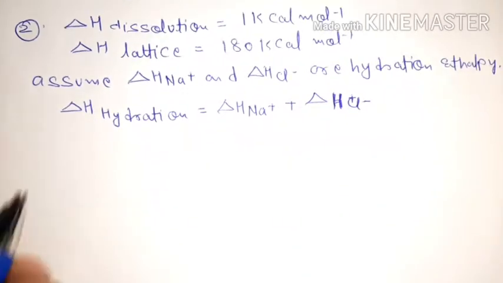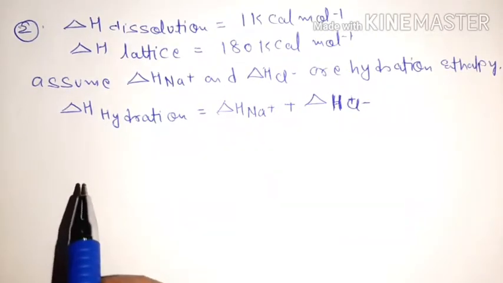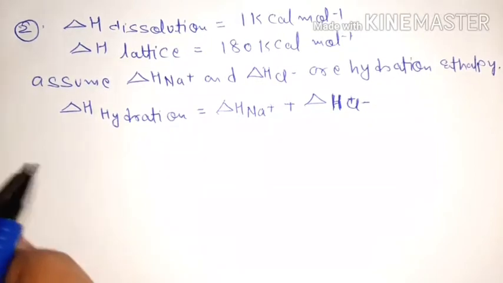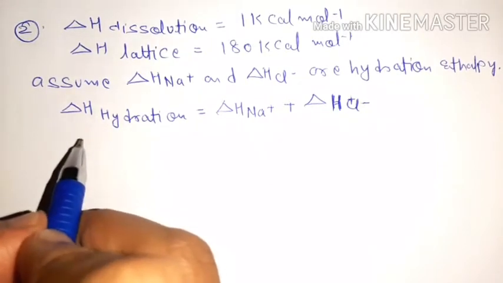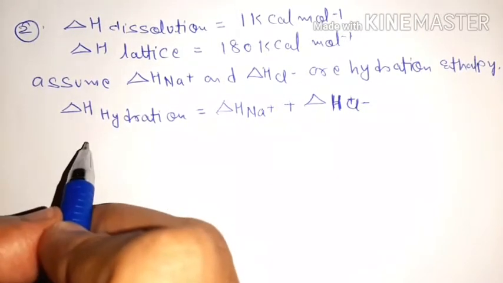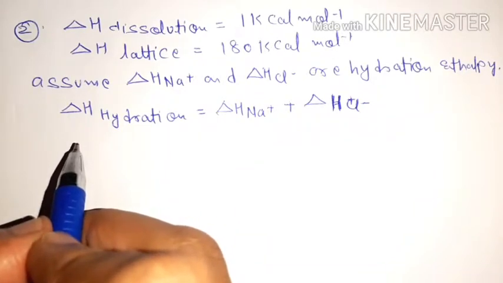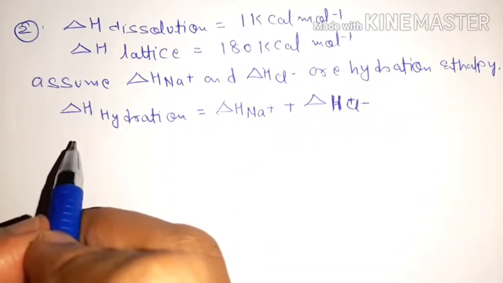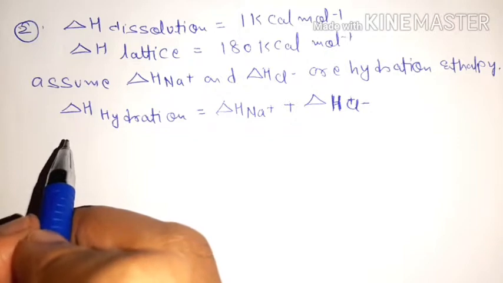This is delta H hydration. In the question we have a ratio of their hydration enthalpies: the ratio of hydration energies of sodium plus and Cl minus is 6:5.